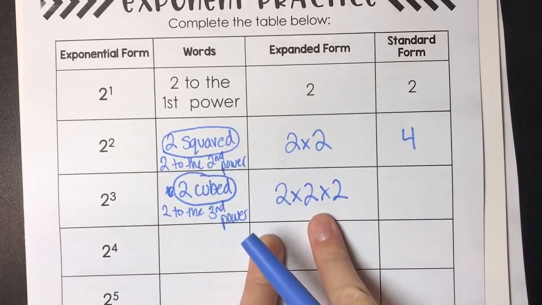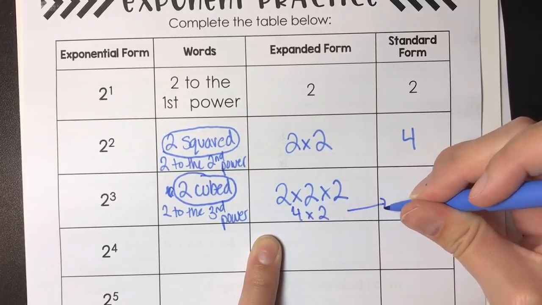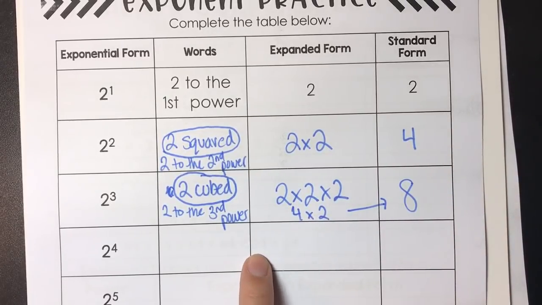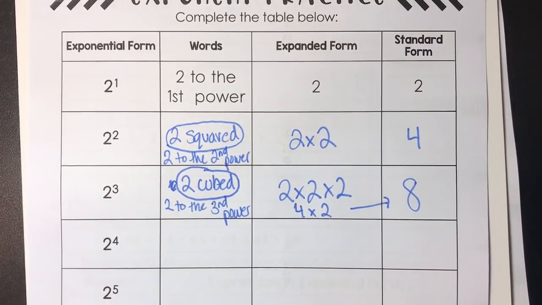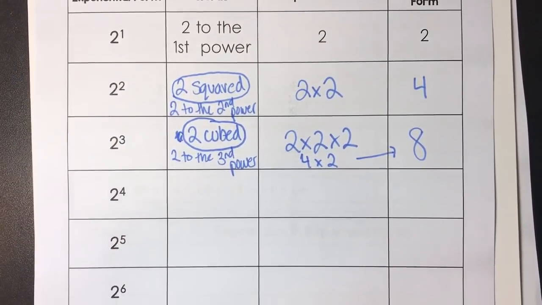That is not 6. You are multiplying. 2 times 2 is 4. 4 times 2 is 8. Gotta be careful. Sometimes when we think we got this, we do things fast as a snap and we accidentally make boneheaded math moves.